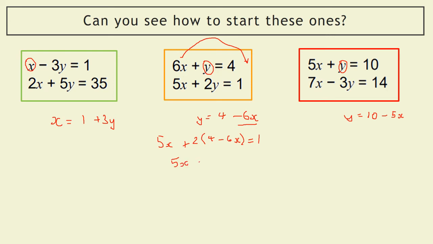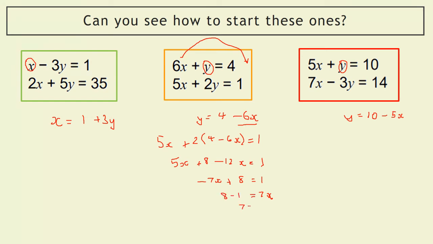Yeah, 5x plus 8 minus 12x is 1. 5x minus 12x is minus 7x. Minus 7x plus 8 is 1. Take the 7x to the other side to make it positive. The 1 has to become negative then, doesn't it, to go the other way.